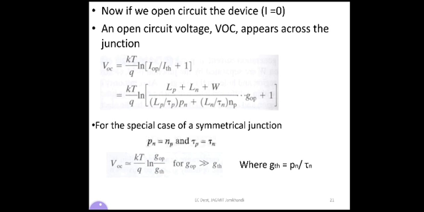That is, VOC is approximately equal to kT by q into ln(GOP by GTH), for GOP much greater than GTH, where GTH is equal to Pn by tau n. That is, GTH is the equilibrium thermal generation.